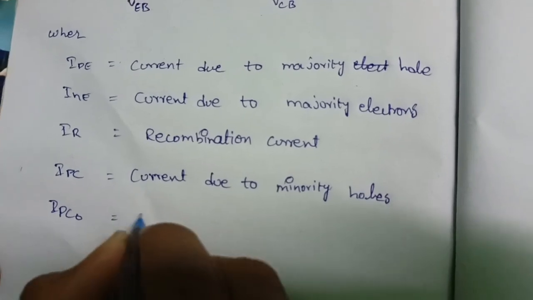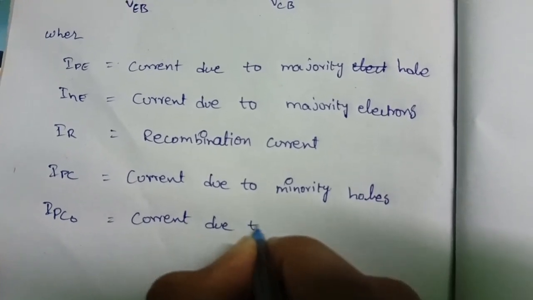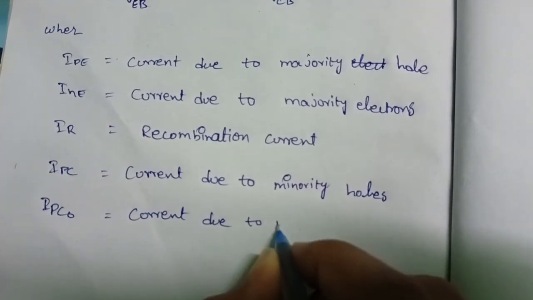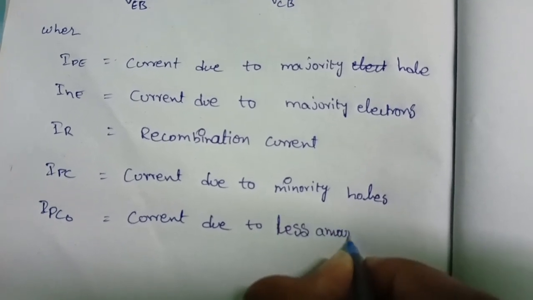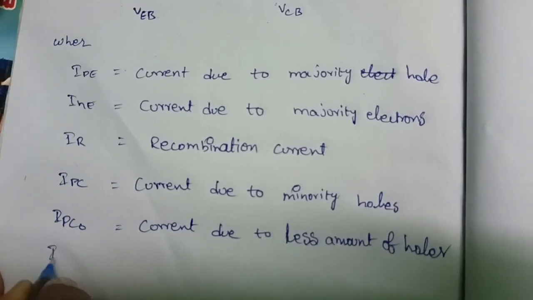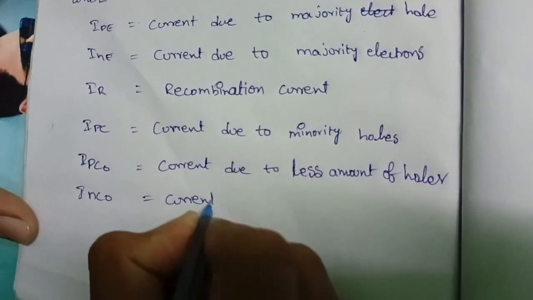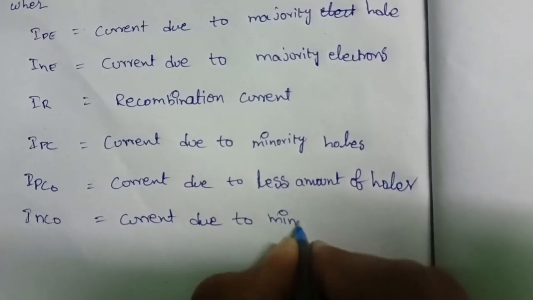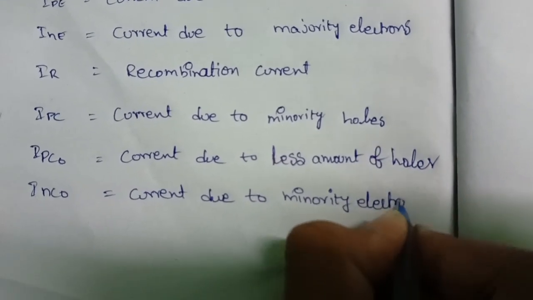IPC naught is the current due to a less amount of holes, and IC naught is the current due to minority electrons.